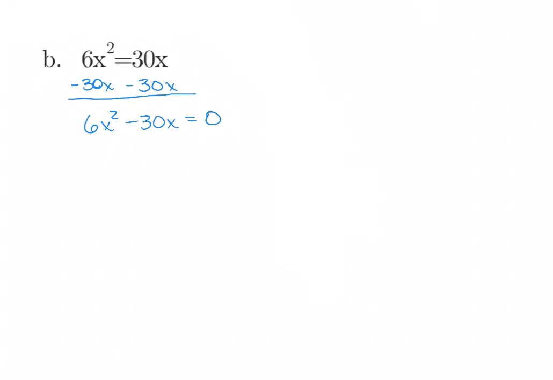Both of our numbers are divisible by 6, and both terms have an x. So if we factor out 6x in the first term, 6 divided by 6 is 1. X squared, if I pull out 1x, I have 1 left over. Minus 30 divided by 6 is 5. And we already factored out the x.